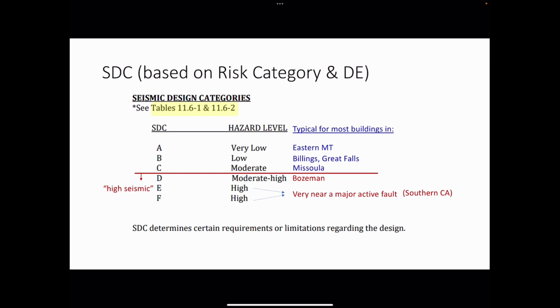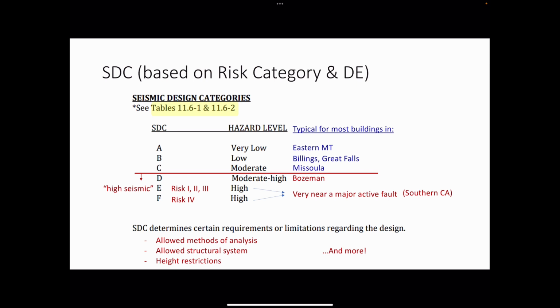These are defined as being very near a major active fault, such as Southern California. So what's the distinction? How do you tell whether it's E or F? That comes down to the risk category of the structure, right? So risk category 4 would be seismic design category F if you're in a high seismic hazard area, right? Very near a major active fault.